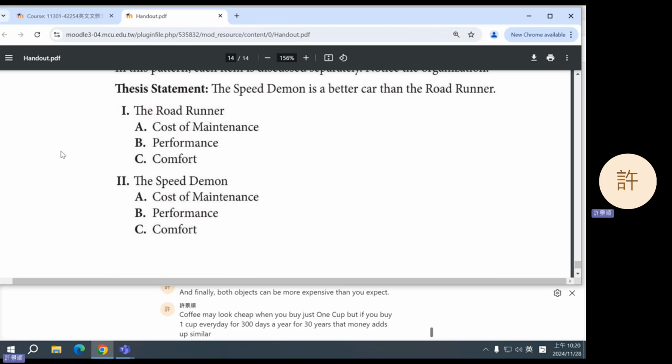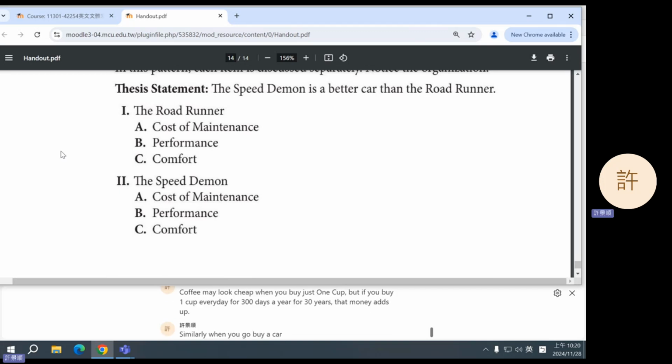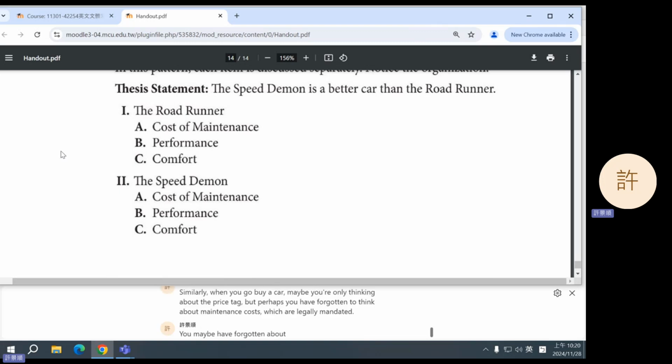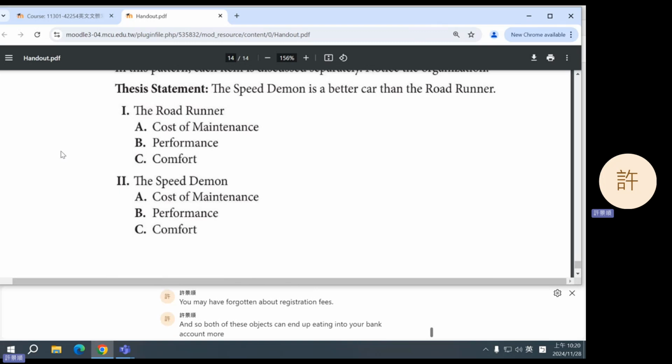Similarly, when you go buy a car, maybe you're only thinking about the price tag, but perhaps you have forgotten to think about maintenance costs, which are legally mandated. You maybe have forgotten about fuel tax. You may have forgotten about registration fees. And so both of these objects can end up eating into your bank account more than you expect.